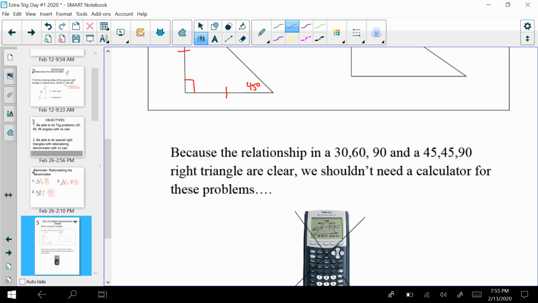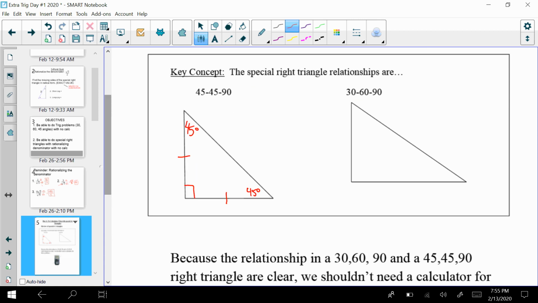So we are going to say that this leg is 1, and this leg is 1, and this leg would be obviously 1 radical 2, which is just radical 2. And in our 30, 60, 90, I'm going to do the same thing. I'm going to make this short leg 1, and this is just for simplicity purposes. This is just an easy ratio to use of these triangles, because when x is 1, this is 2, and this would be radical 3.